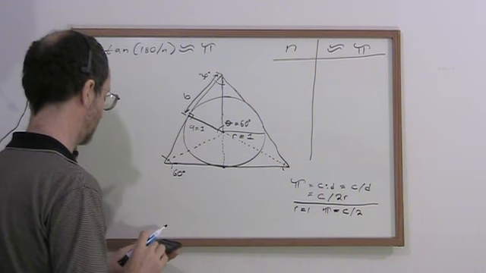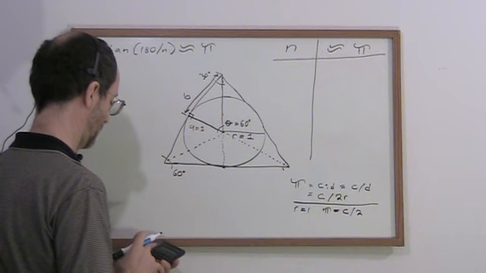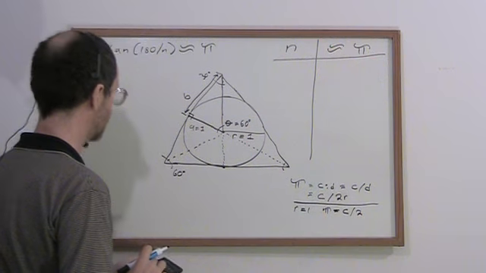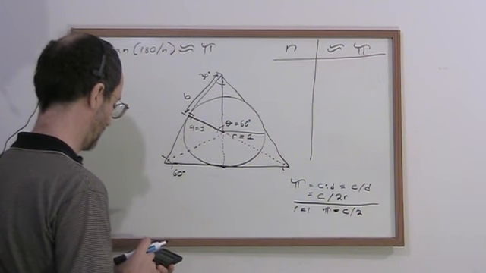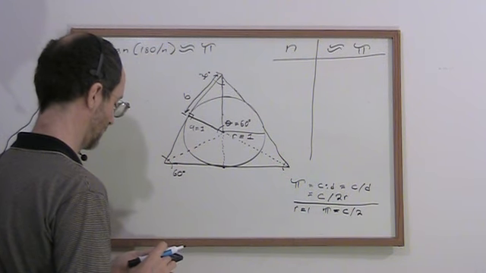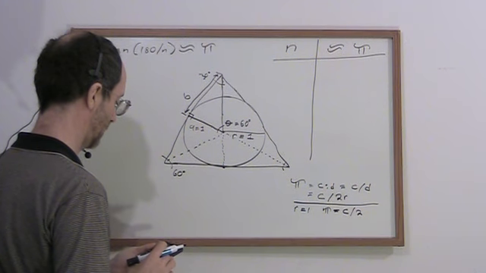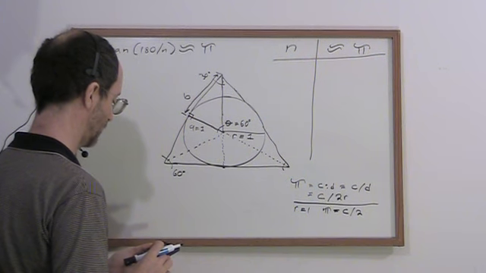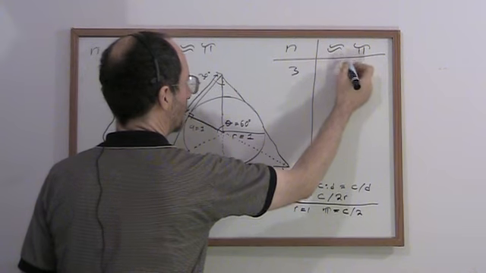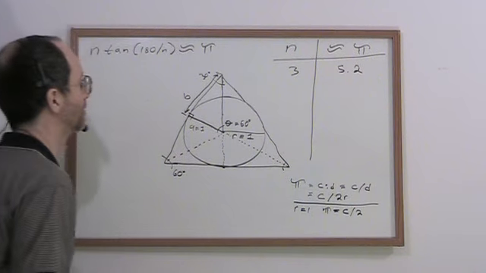So we have 180 divided by n is 3, so we have 60, tangent 60 times 3 equals 5.196. We'll call it 5.2. So for a 3-sided polygon, our approximation of pi is 5.2.